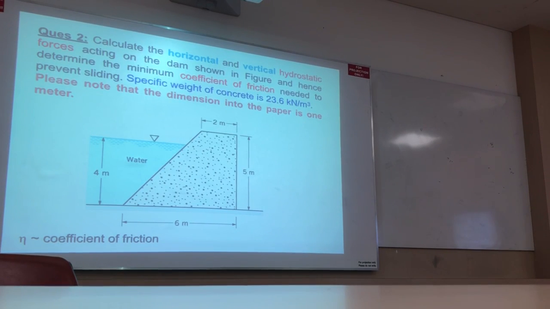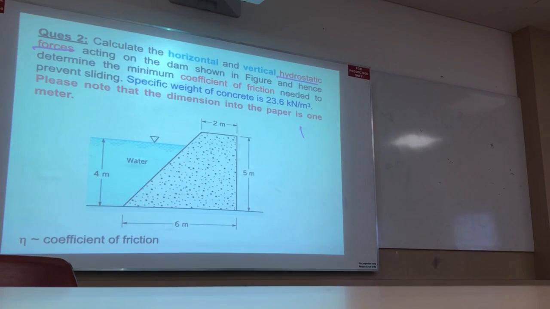Okay. This question. Calculate the horizontal and vertical hydrostatic forces acting on the dam. Okay, so this is the dam. Calculate the horizontal and vertical hydrostatic force. So where is the hydrostatic force? I should know, right? I do not know. At the moment, where are the hydrostatic forces? At R, right?